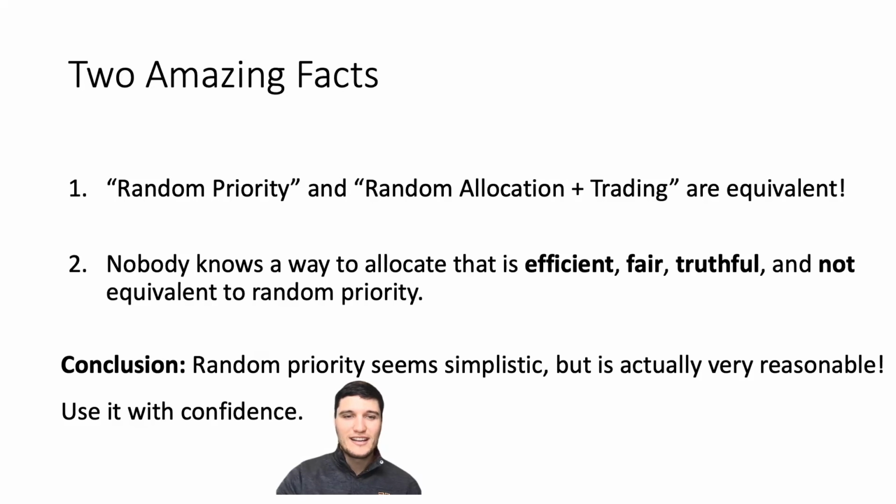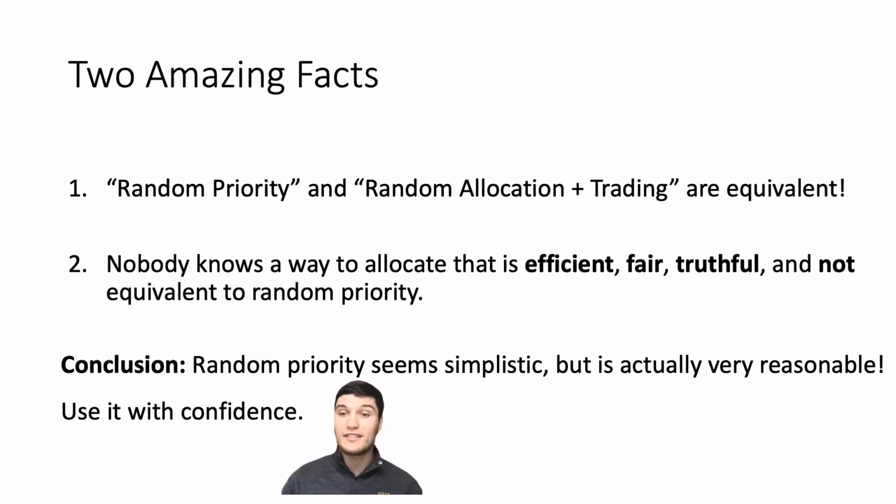So in conclusion, I think a lot of people have encountered random priority, right? The idea of lining people up and having them choose and maybe making the order in which they choose random all seems extremely natural, but maybe overly simplistic. And our first instinct is, well, surely expert researchers have better ways of doing things. The reality is actually random priority is a very reasonable approach, right?